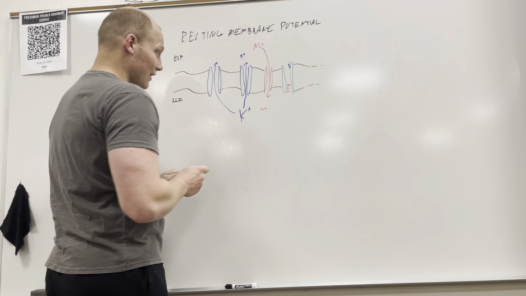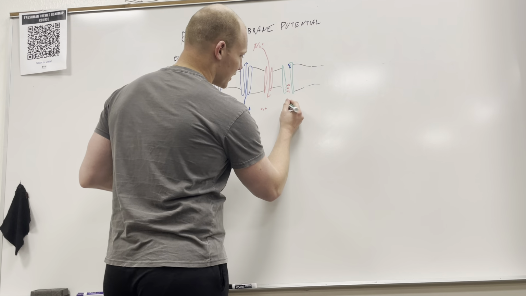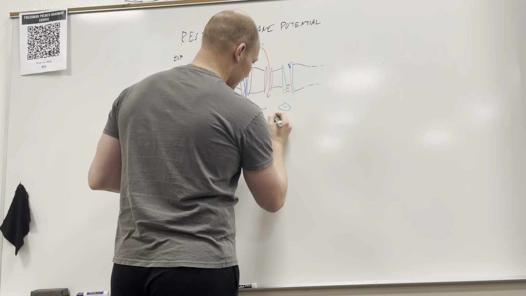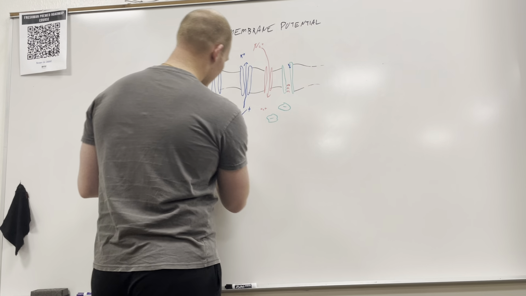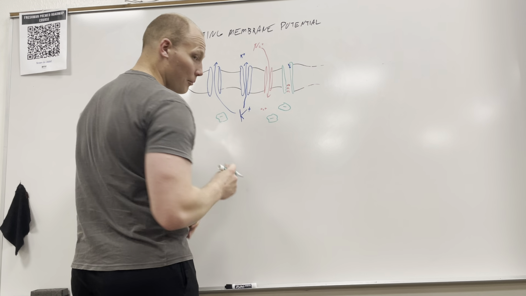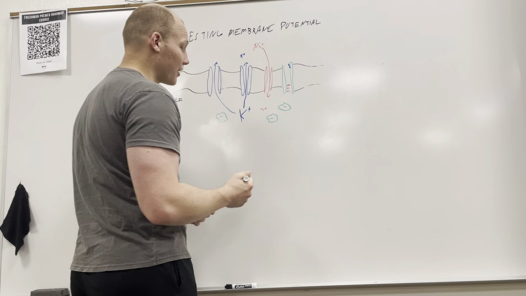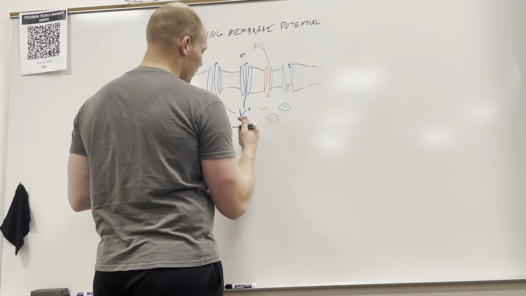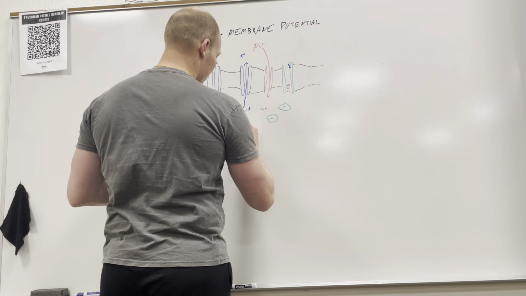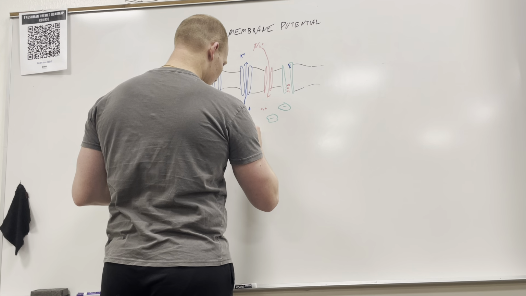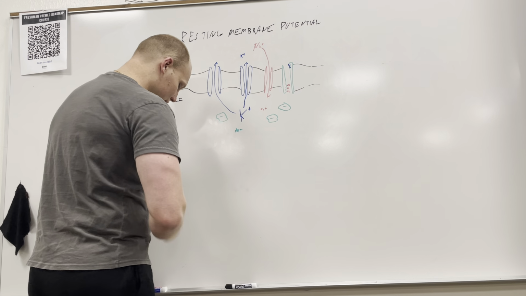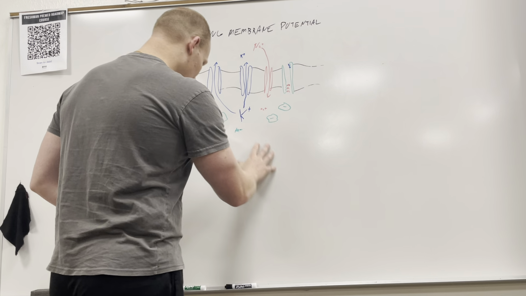And as it's leaving, it will leave behind proteins inside the cell. And a lot of these proteins that help establish this resting membrane potential are negatively charged proteins, and it leaves anions behind. So we'll just put A-n minus, so anions, and it leaves those behind.